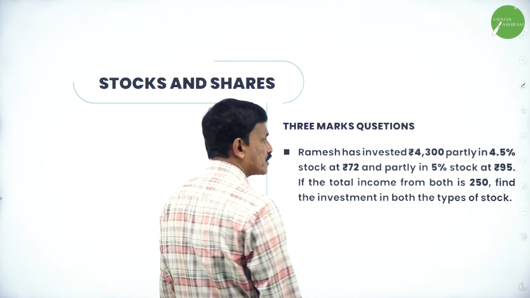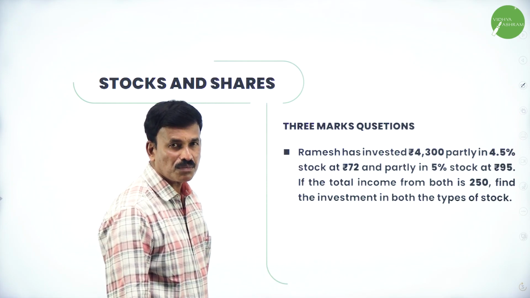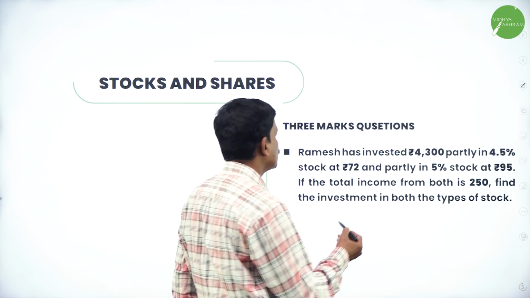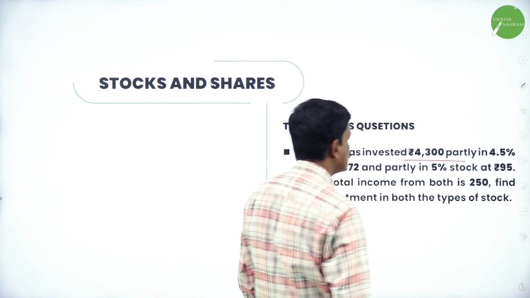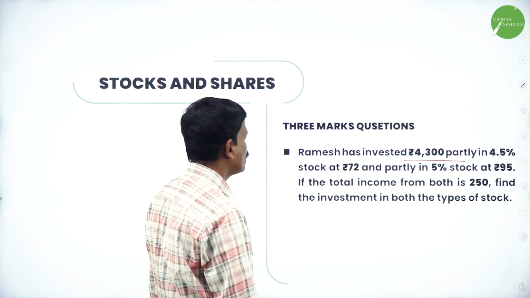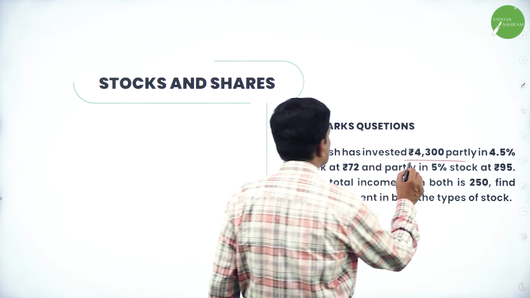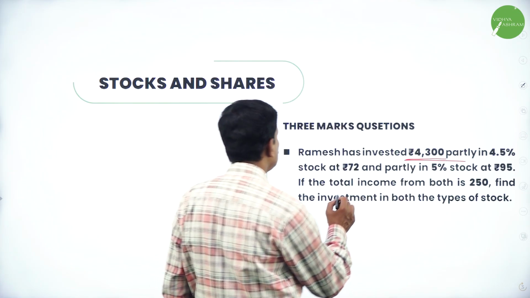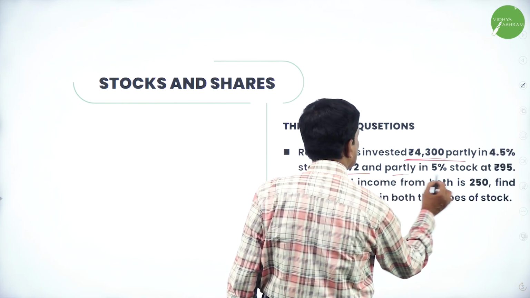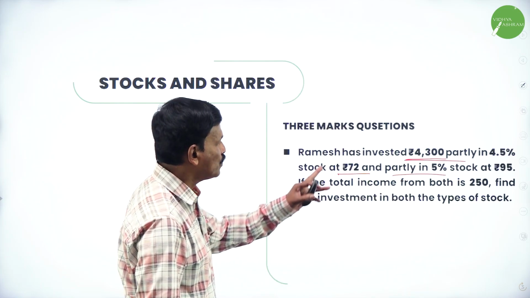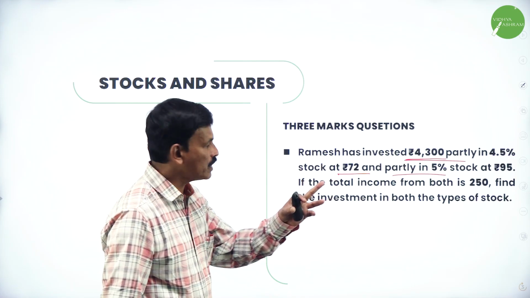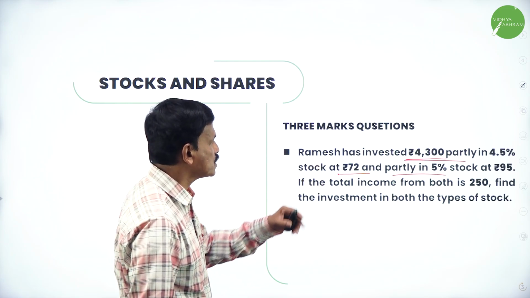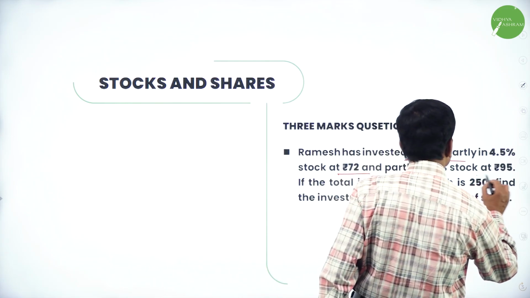In 3 marker questions, you may expect this type of question in the examination. Ramesh has invested rupees 4,300 partly in 4.5% stock at rupees 72 and partly in 5% stock at rupees 95.